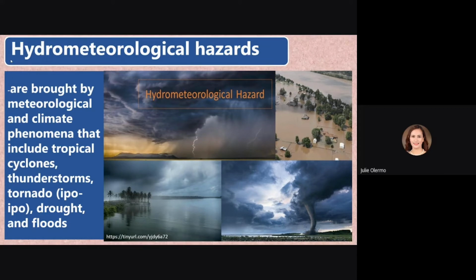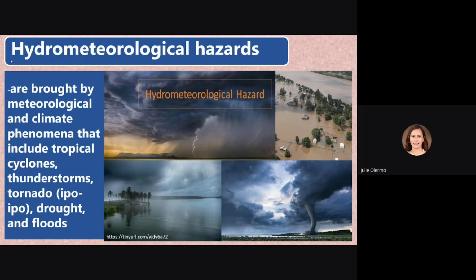The term hazard, based on the previous lesson, we describe as threat or risk. Hydrometeorological hazards are atmospheric and hydrological or oceanic processes that may cause the loss of life or injury, property damage, social and economic disruption, or environmental degradation.